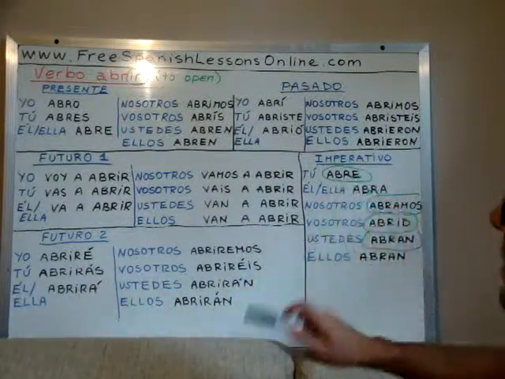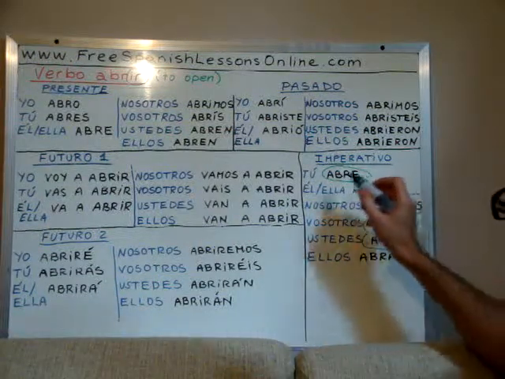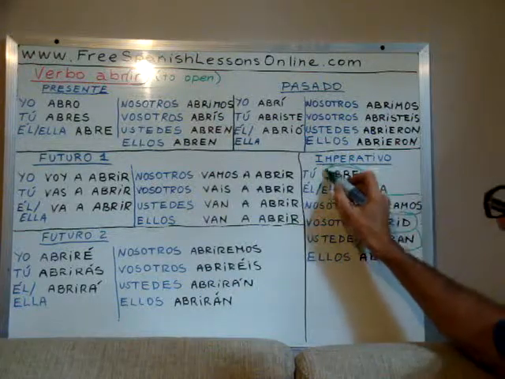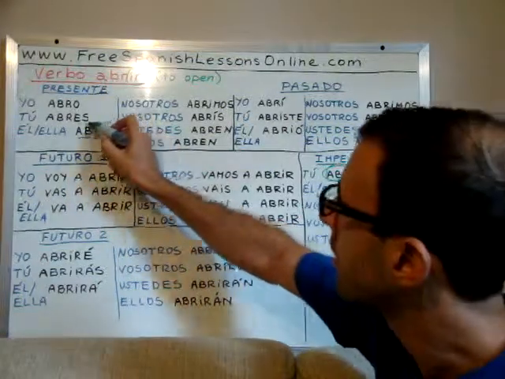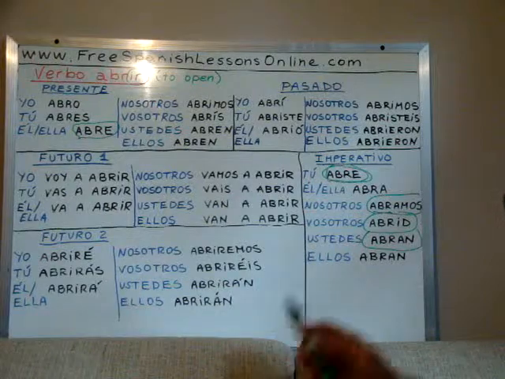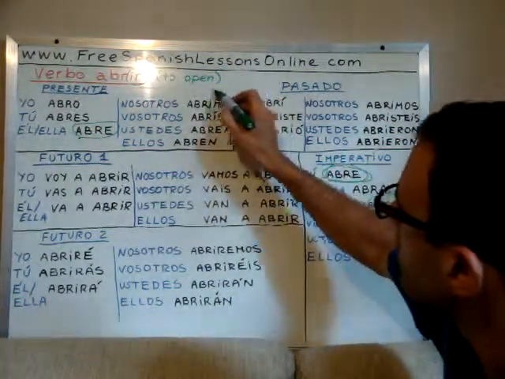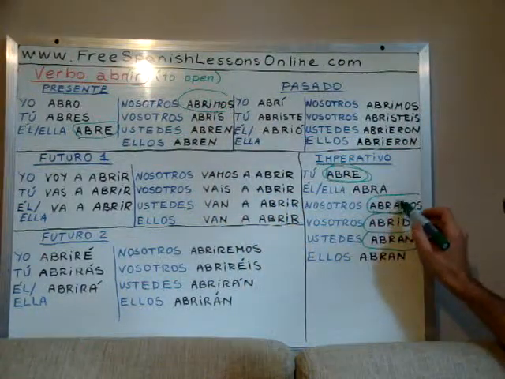Now take a look at these similarities. The imperative for the second person, for you, is exactly the same as the present for the third person, okay? So for we, it's similar, only that we change the I for an A here, okay?